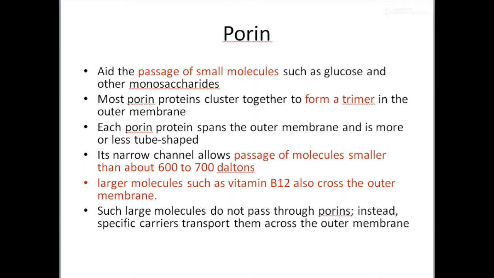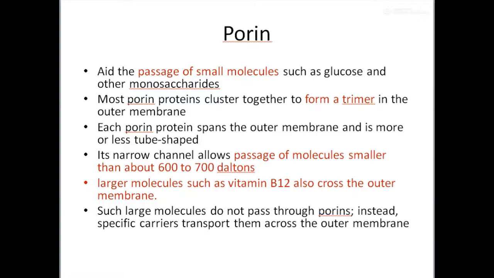And this porin will span from the outer membrane, and it has been considered to be more or less tube shaped. It will have a passage of molecules smaller than 600 to 7,000 daltons, and larger molecules such as vitamin B12 can also pass across the outer membrane.